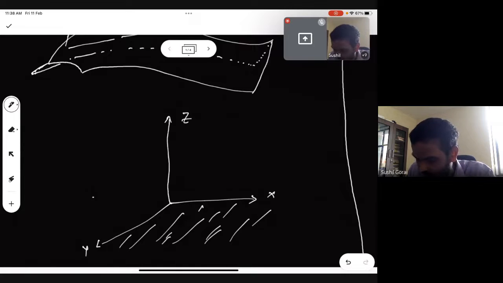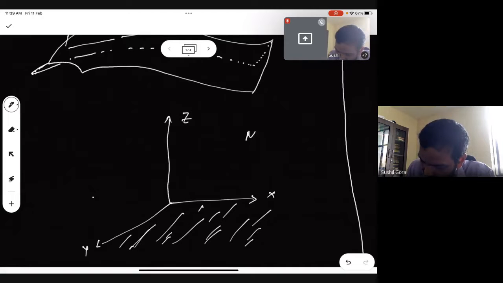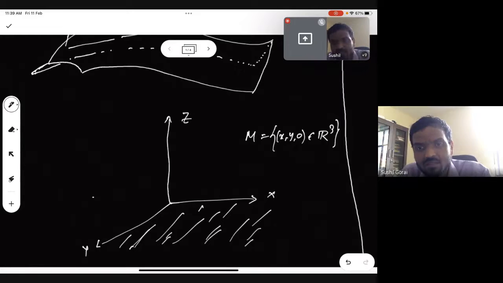This is your manifold. So M is x comma y comma 0 in R3. Now what is its tangent space? It is itself at every point, right? It touches at infinitely many points, almost everywhere.